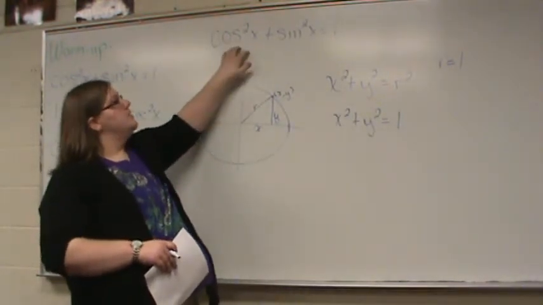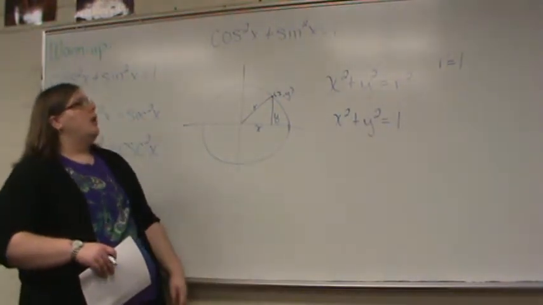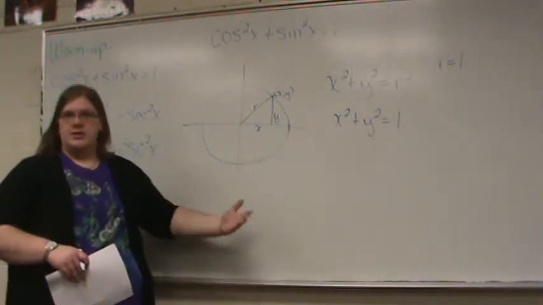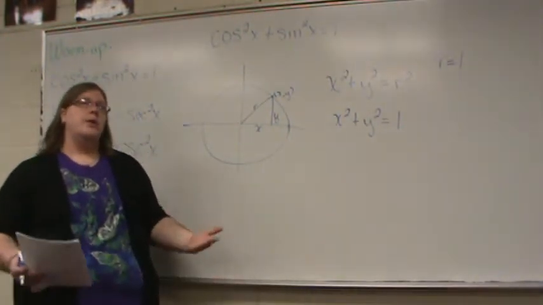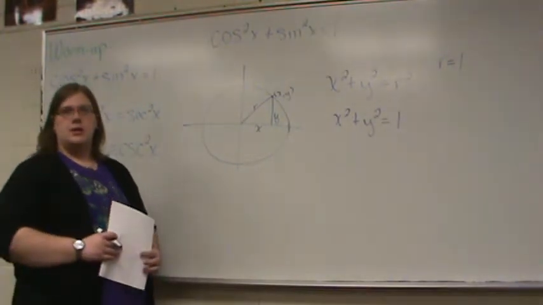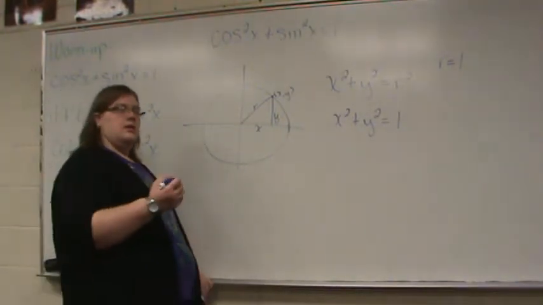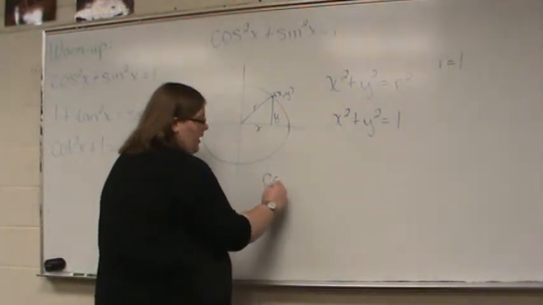So we need to get cosine squared and sine squared. Thinking about the unit circle again, what do we know about cosine and sine pertaining to the unit circle? They both involve the radius. They're both over 1.